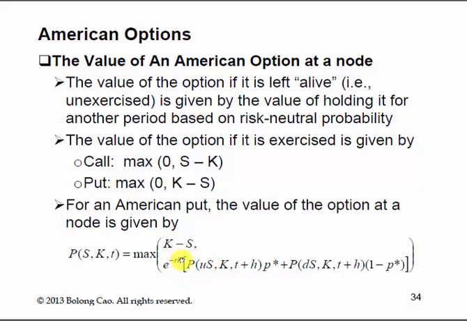Discount this sum using the risk-free rate. So this is exactly the binomial formula to calculate the put option's value if it is kept alive. So using the risk neutral probability and the binomial formula, we calculate its value to hold it for another period h, or you exercise it now to get k minus s, whichever is bigger. That will be the payoff, or say the value, of that put option on this node.